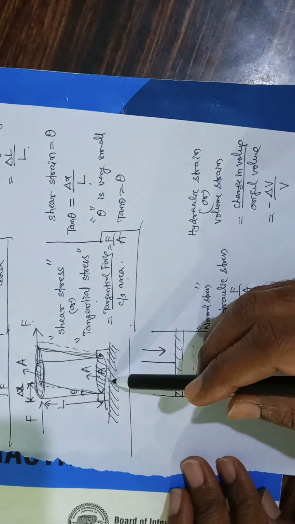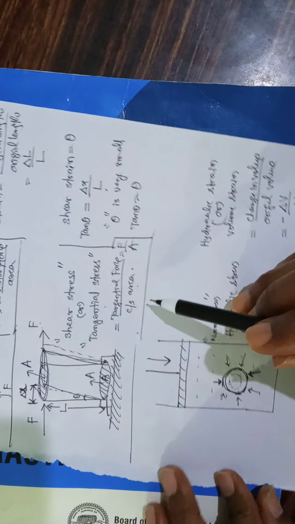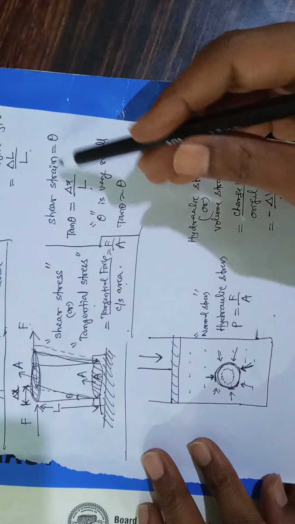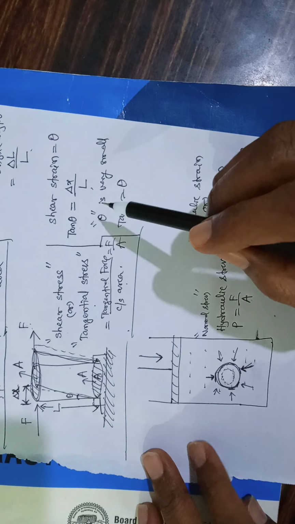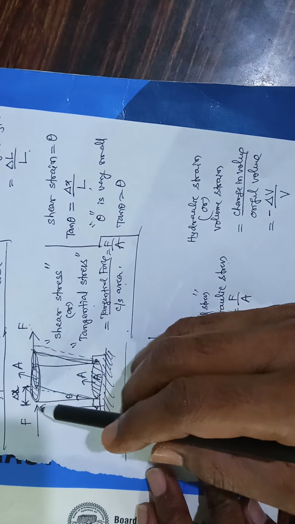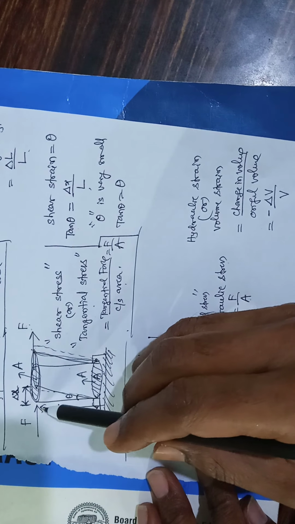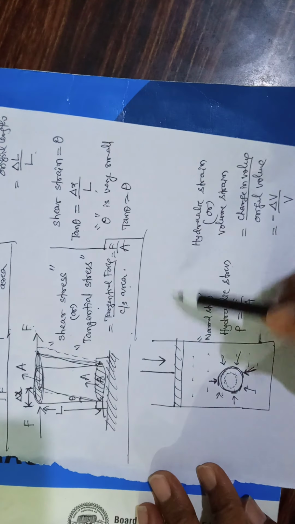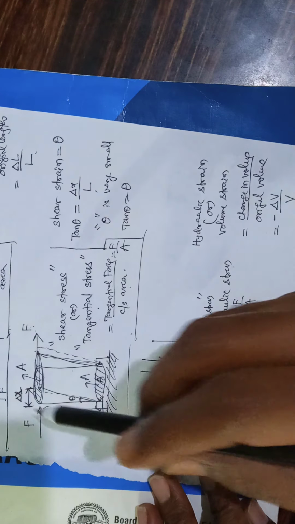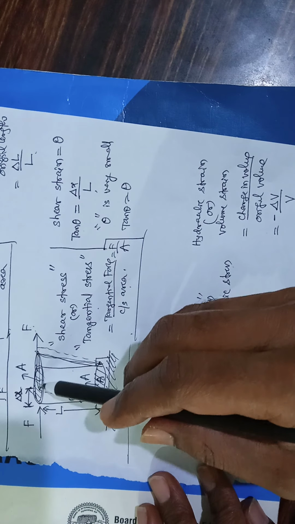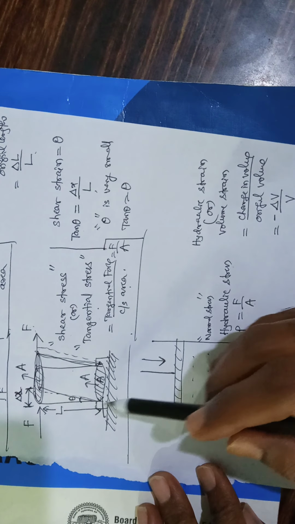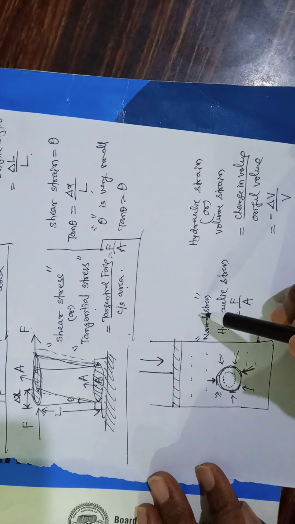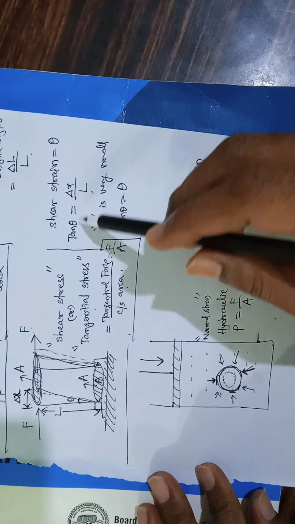And the height of the cylinder is L. So how are you measuring its strain? The shear strain is first measured as its displacement by length, delta x by L. This is the fundamental definition: displacement of its upper face divided by the length of the cylinder, delta x by L, and that is nothing but tan theta.